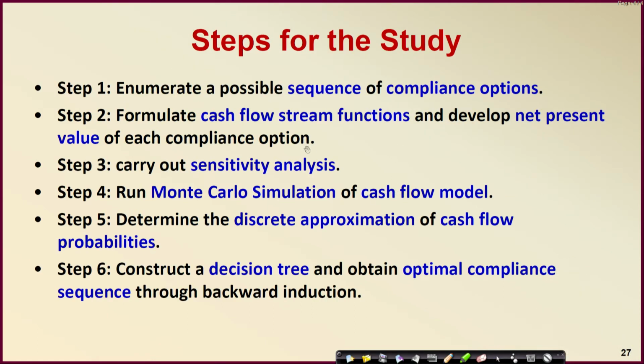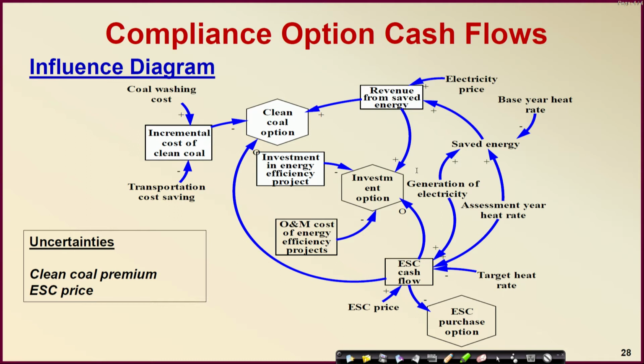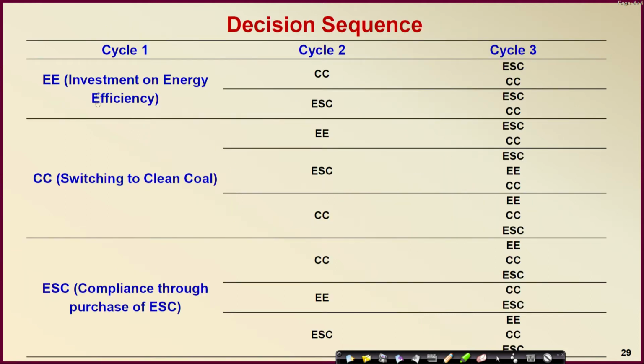So, forget about the steps and all. This also let me skip. So, these are the three choices in front of the companies. One is investment in energy efficiency, switching to clean coal, and compliance through purchase of energy saving certificates.